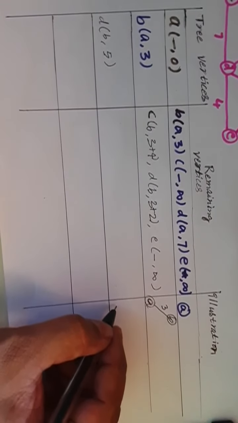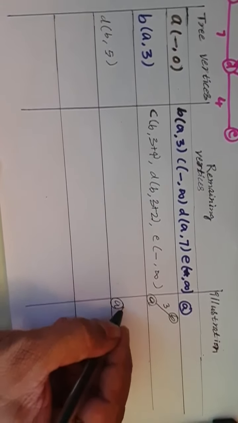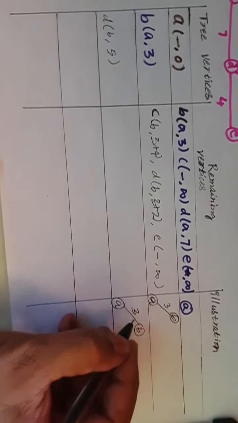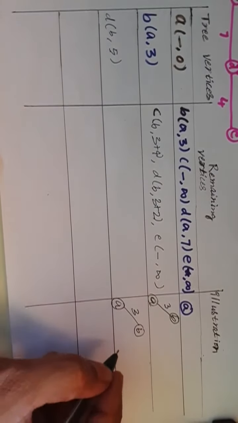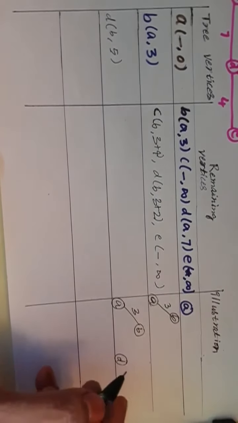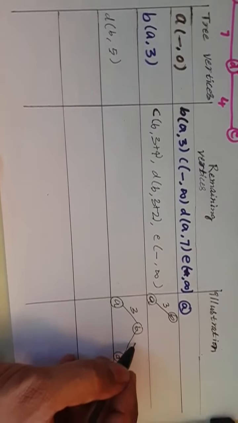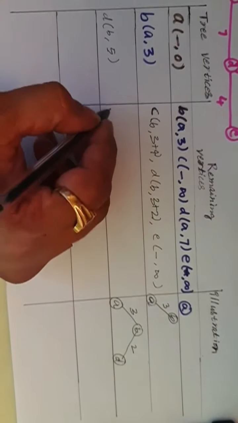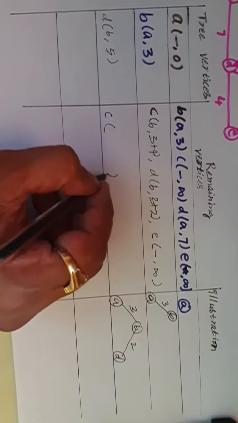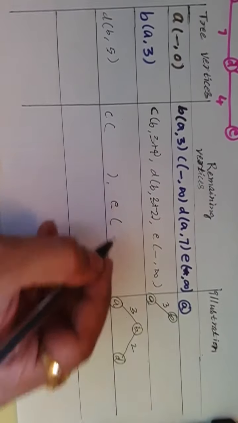Now insert d into the tree. a, b was already there with the cost 3, and now I insert d also. Now d is inserted and the b to d cost is 2. Now the remaining vertices are c and e.